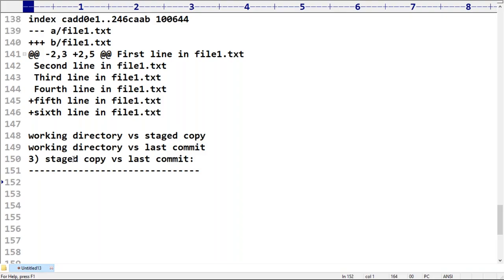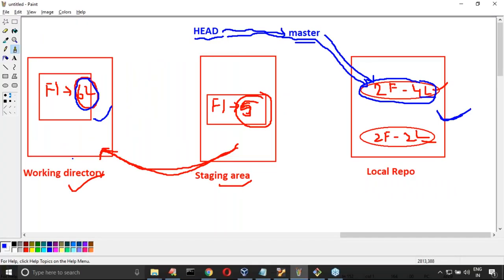Observe that. As per our diagram, the staged copy file1 contains how many lines? Please confirm. File1 contains 5 lines. But the last commit file contains how many lines? Only 4 lines. So one line was added in the staged copy.